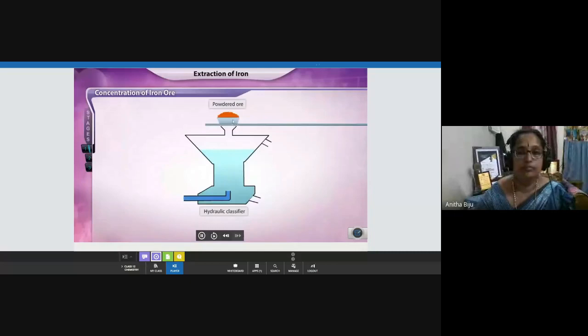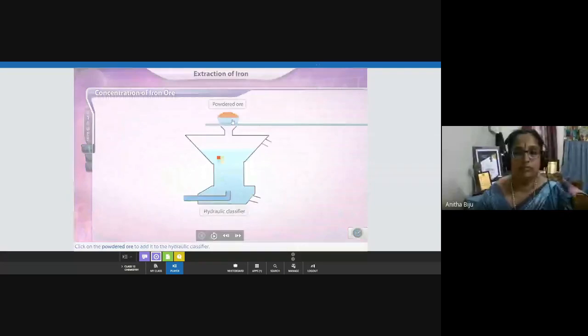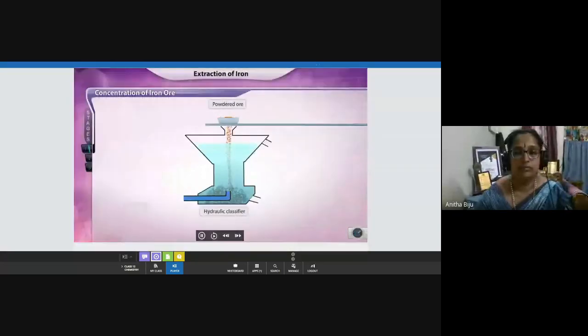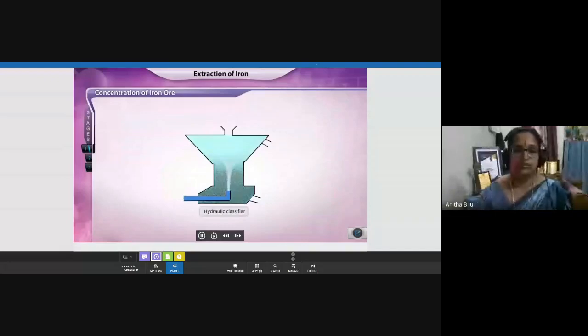Click the powdered ore to add it to the classifier. A jet of water is passed through the bottom of the reservoir. This thoroughly mixes the content.